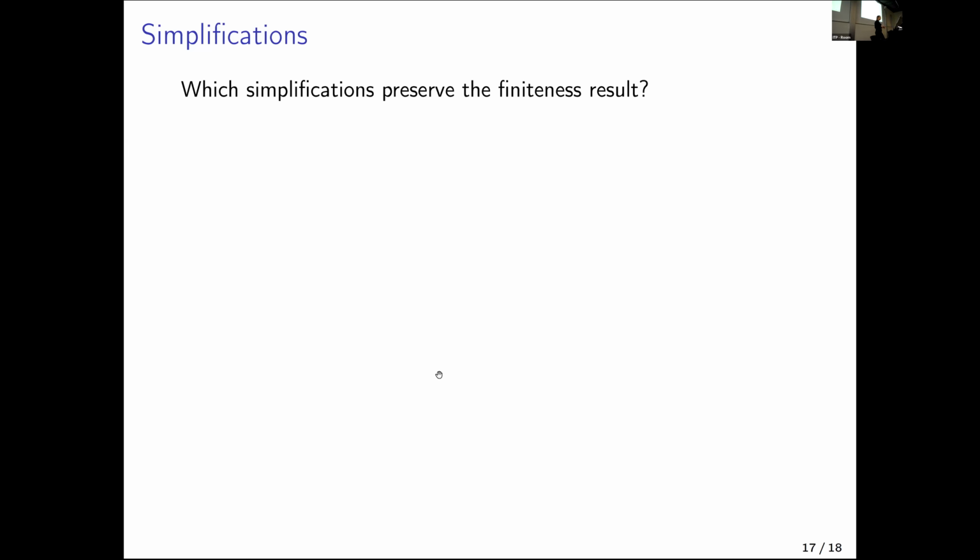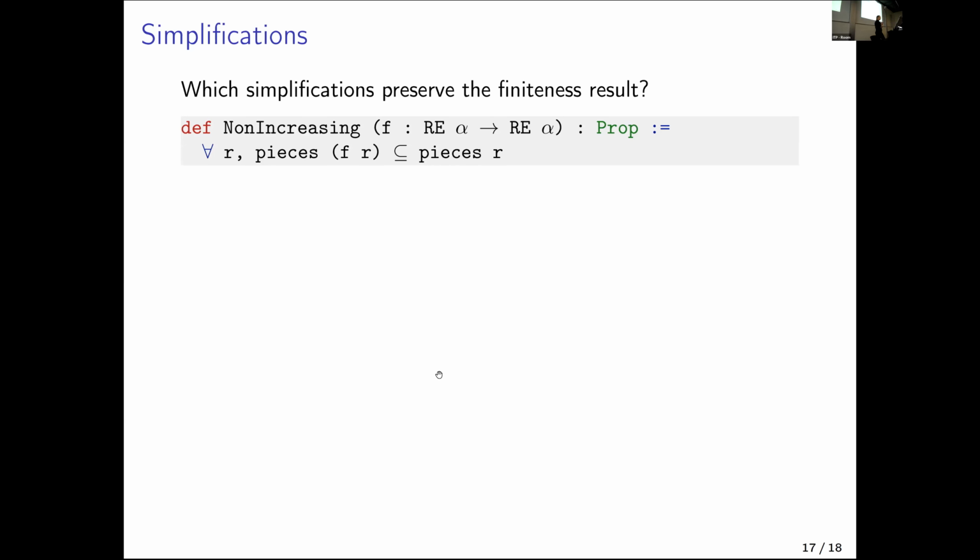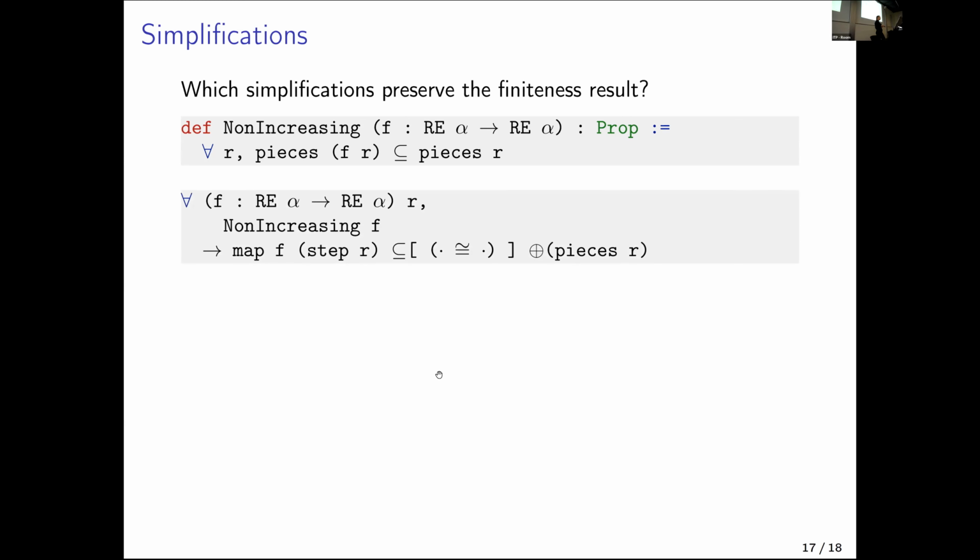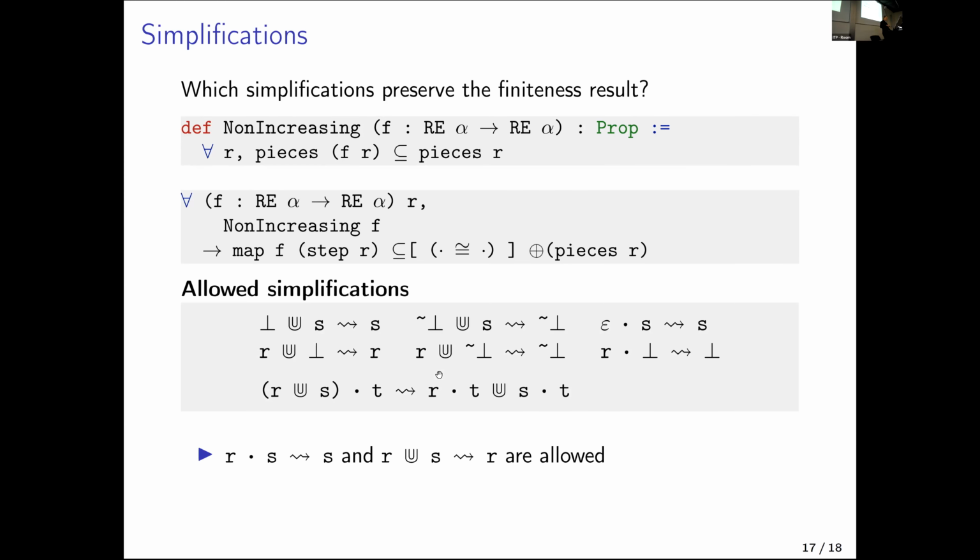Because as I said, you would like to include many more simplifications in practice. So any simplification function here, which is non-increasing, intuitively meaning it does not introduce any new pieces, will be accepted. So it will not break the finiteness result.